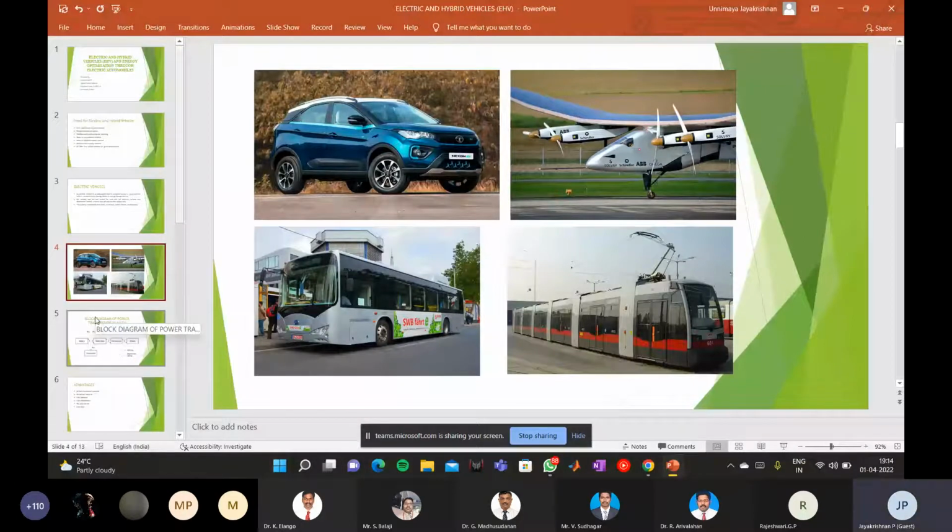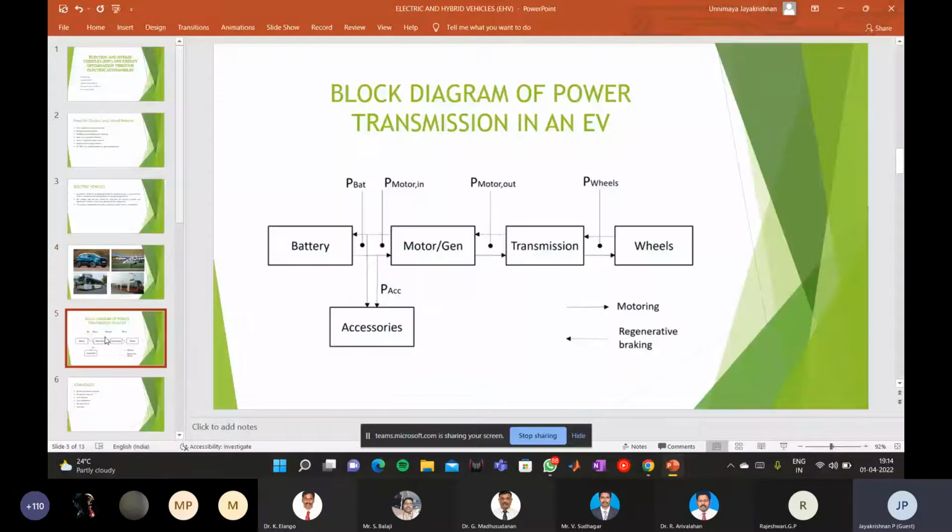Next is a block diagram of a typical EV, where the battery has electrical energy stored in it. It will be transmitted to the motor, then to the wheels through the transmission.